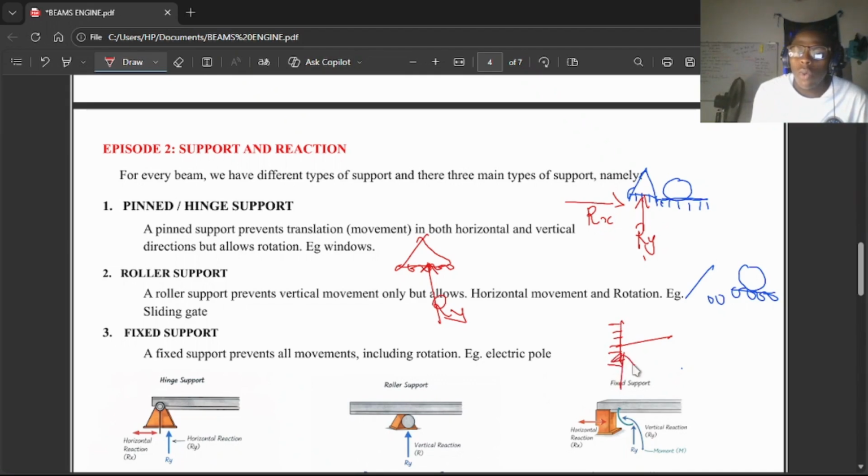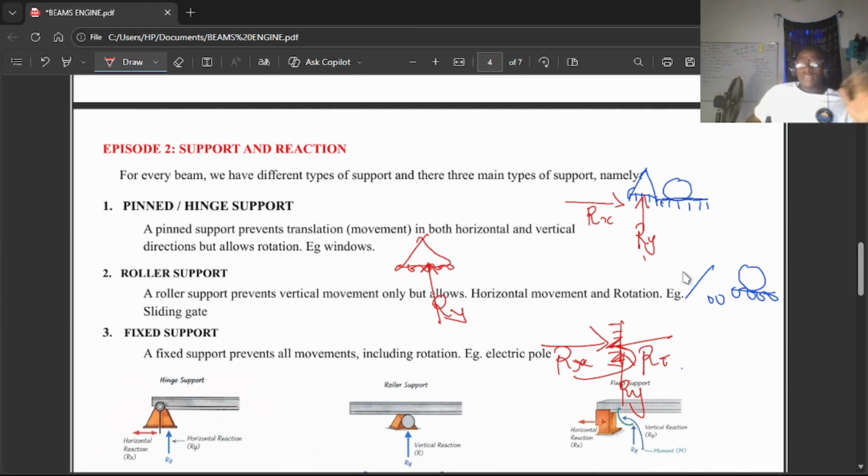So you have one, arrow Y, another one, arrow X, and the last one due to rotation, which is RT. Am I communicating? So basically, we have considered three types of reactions with their supports.